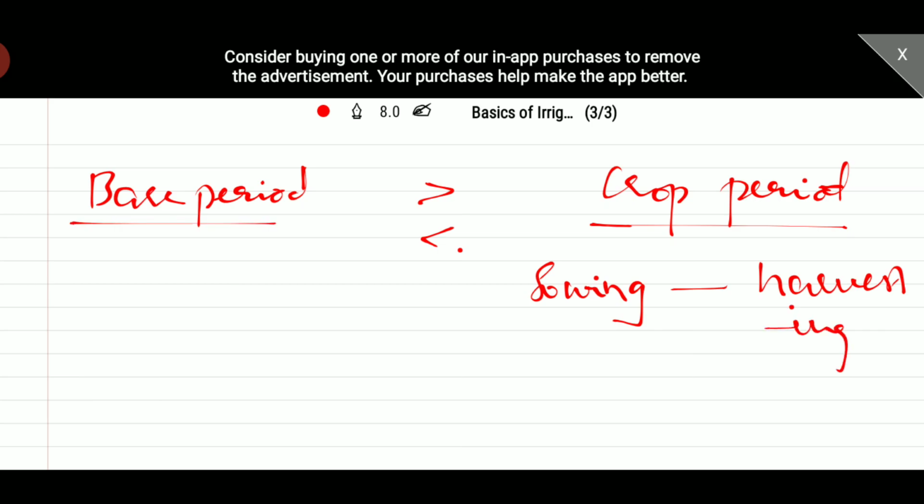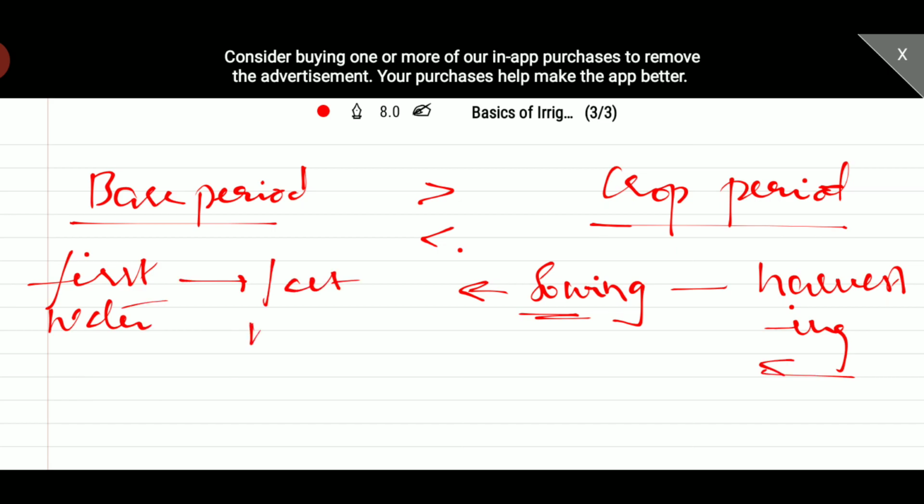Whereas the base period is the first watering, before sowing, to the last watering before harvesting. Now exactly we can't say which one is greater or lesser, but sometimes both are equal to each other, sometimes one will be greater than the other.